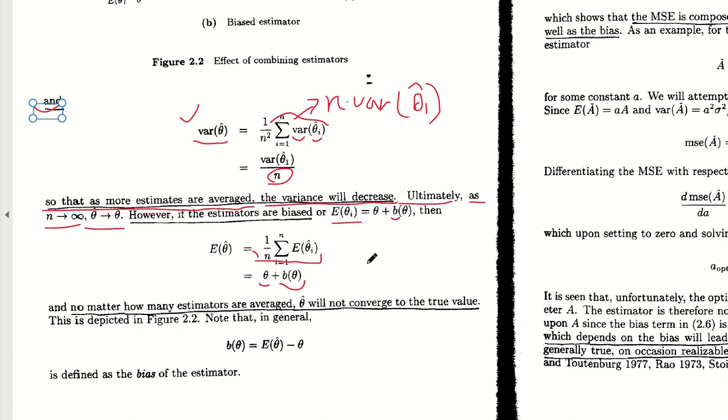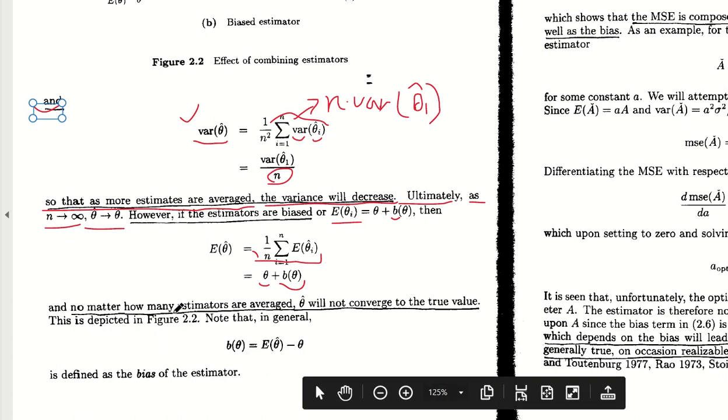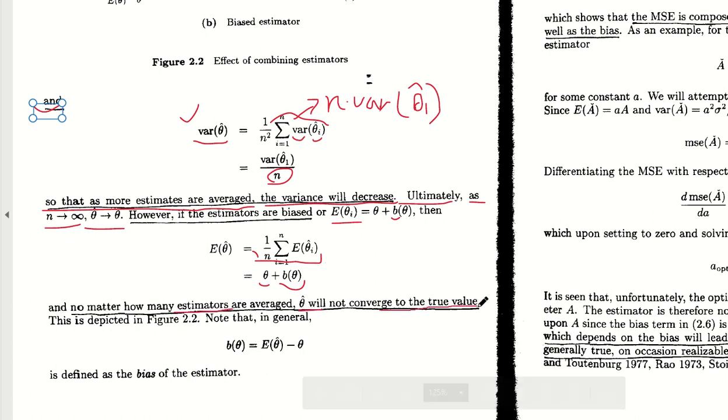The bias always exists and does not disappear. Unlike the variance, which disappears with increase of n, this thing doesn't disappear. No matter how many estimates are averaged, theta hat will not converge to the true value.